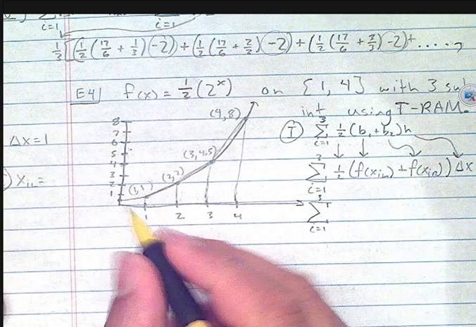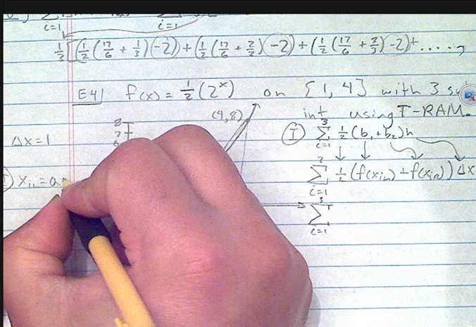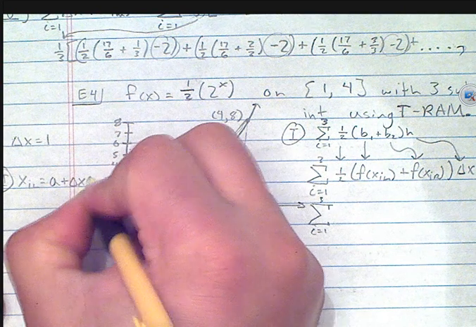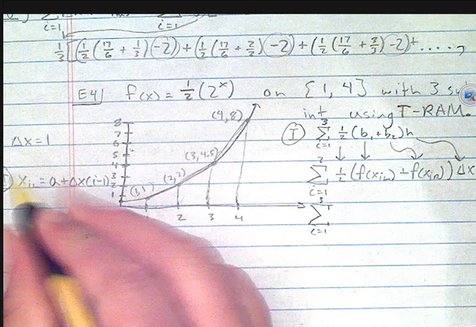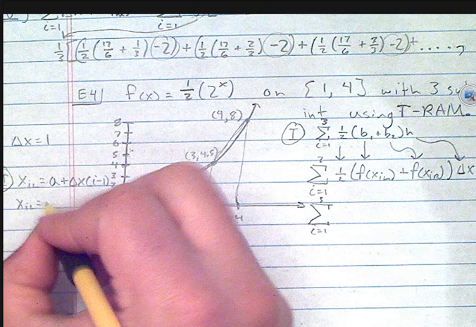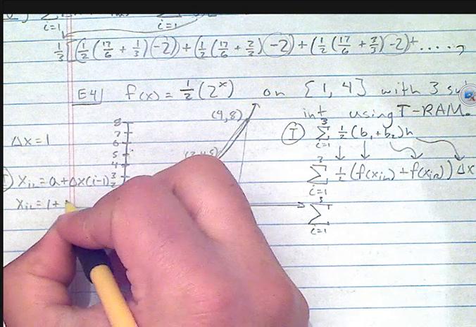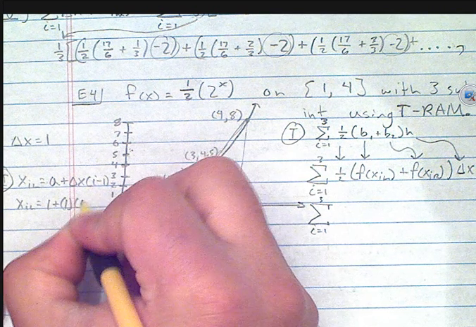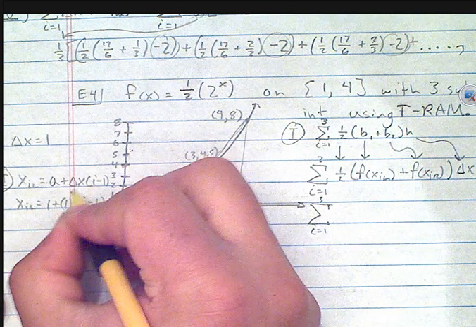So x of IL is a plus delta x times I minus 1. And x of IL is equal to, so a is 1, so 1 plus delta x is 1, I minus 1, distribute the 1.